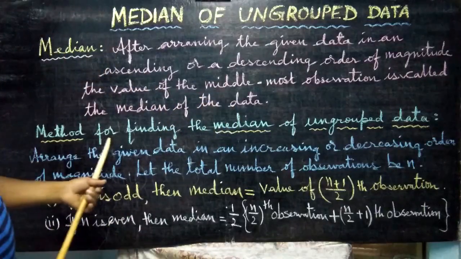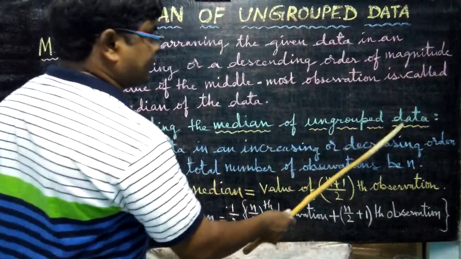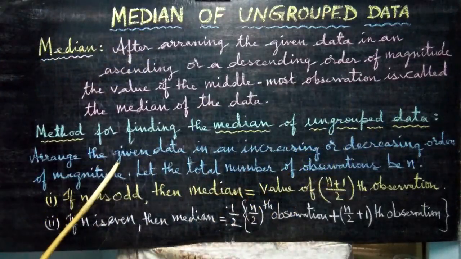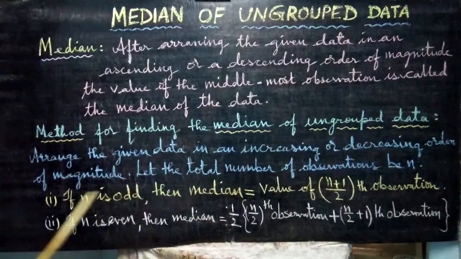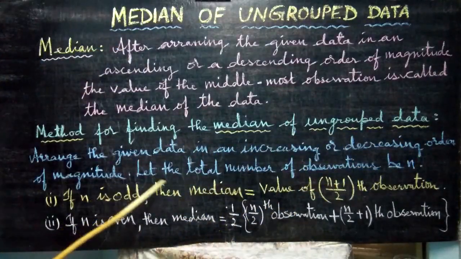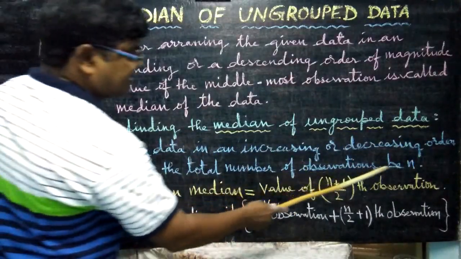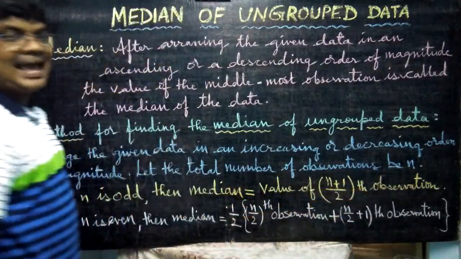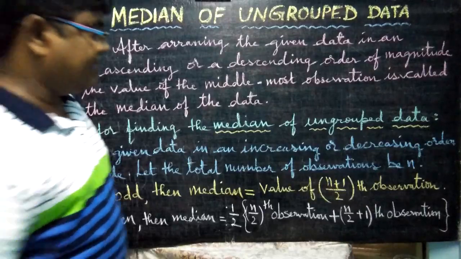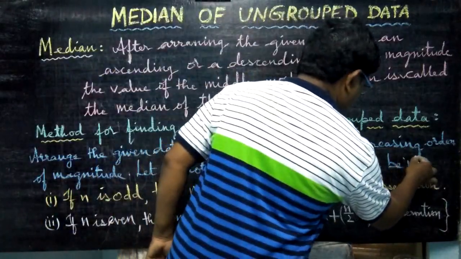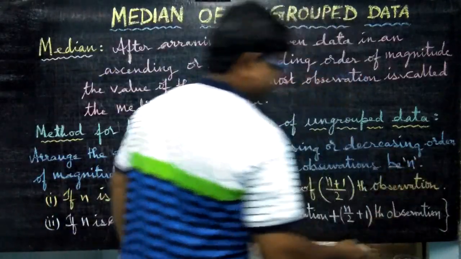Now the method for finding the median of ungrouped data. Arrange the given data in an increasing or decreasing order of magnitude. Let the total number of observations be n. If suppose 10 observations are there, n will be 10.